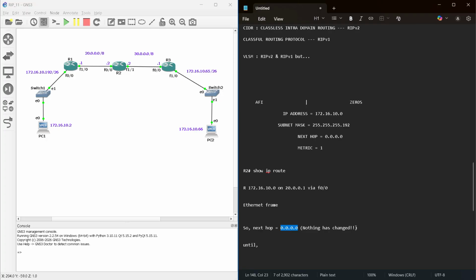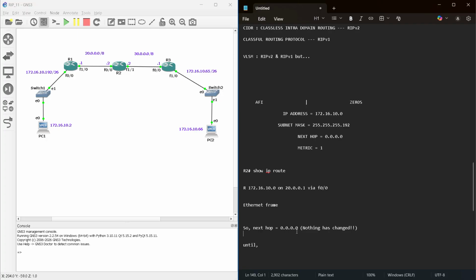That means the next hop is the same as the one we received while we learned this address.